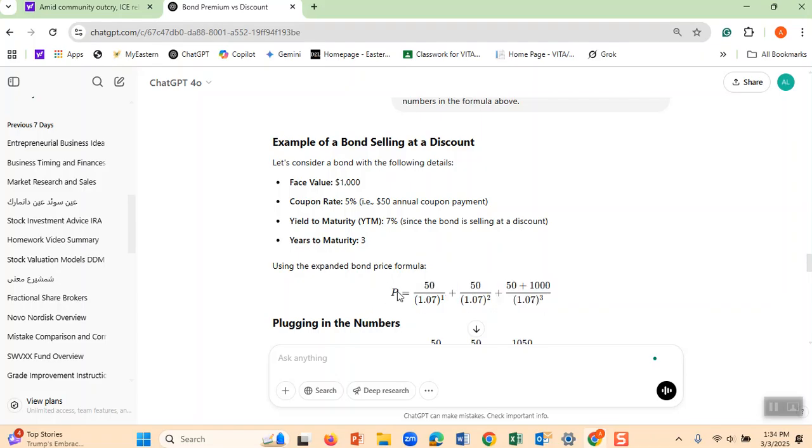Now, if Donald Trump wants to borrow $1,000 from you, how can he encourage you to give your money to Donald Trump? Think about it: the bank is giving you 7% interest.